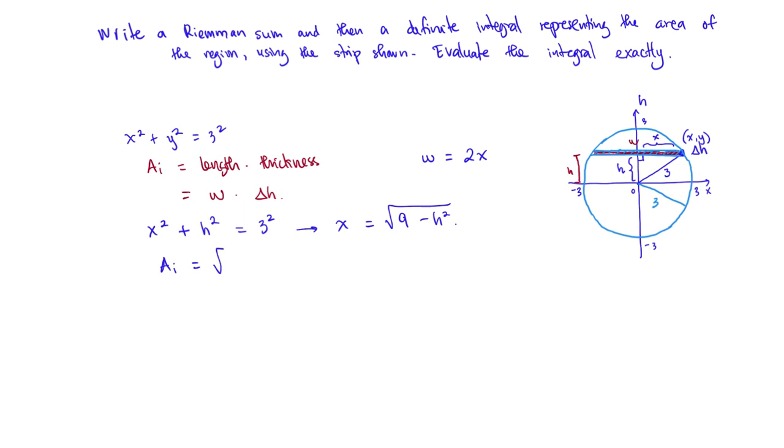The area of the representative rectangle is therefore the length, which is 2 times the square root of 9 minus h i squared, times the thickness, which is delta h.